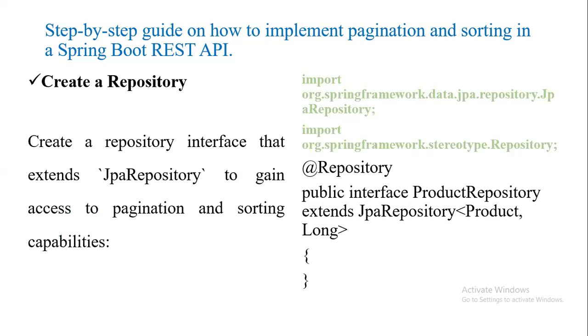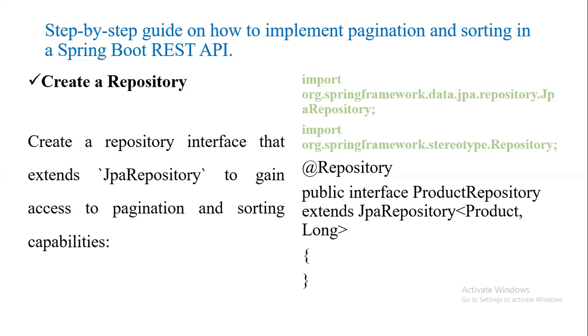Once the class is created, we need to create a repository. For creating a repository interface, it extends JpaRepository to gain access to pagination and sorting capabilities. For that, we need to include two packages mainly. The first one is org.springframework.data.jpa.repository.JpaRepository, and the second package is org.springframework.stereotype.Repository.